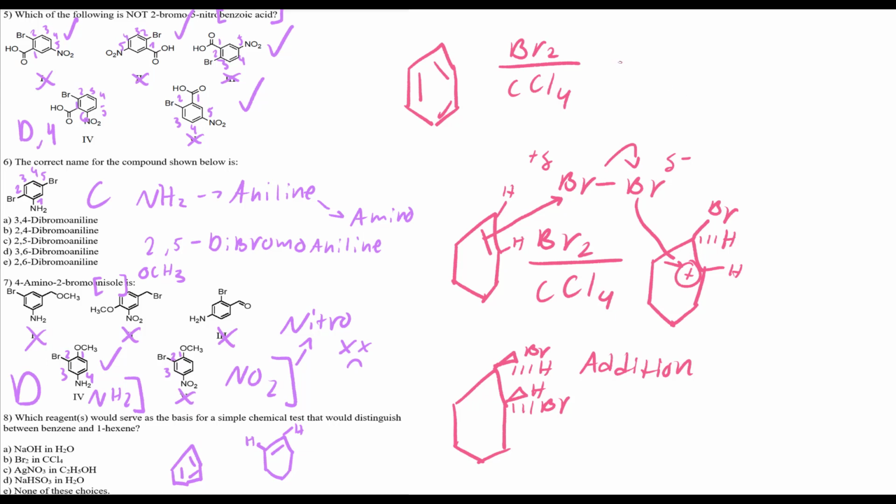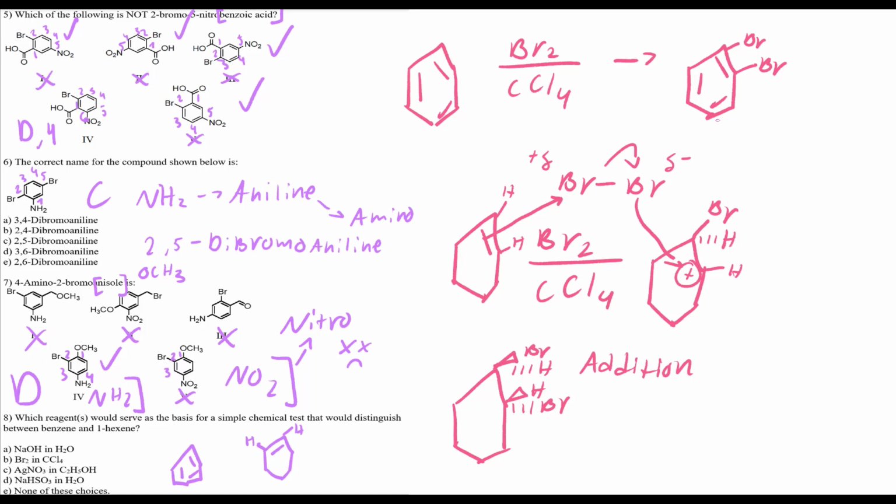If it was possible, and it's not, we would actually have something like this compound. I'm not saying that it's possible, I'm just giving you an example. It would just be Br and then Br, right? So we substituted that. We got rid of the hydrogens and then somehow added a bromine.